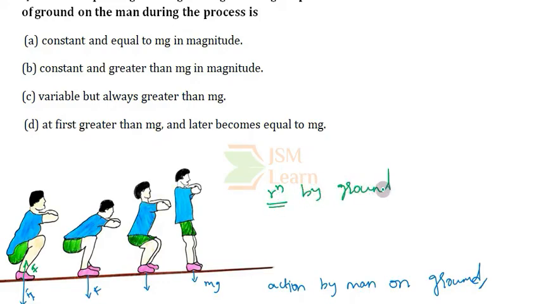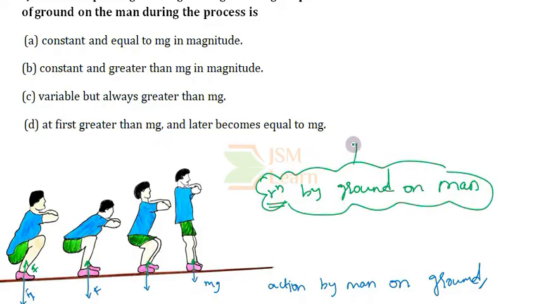Here you can see that the reaction force acting on the man is also varying, because the action force applied by the man was a variable force. In return, the ground will apply the same amount of force but in the opposite direction on a different body. So that will also be a variable force. So we conclude that the reaction force applied by the ground on the man is a variable force.